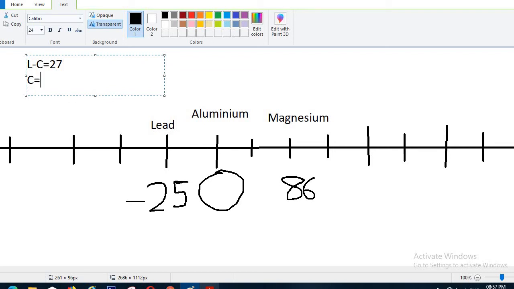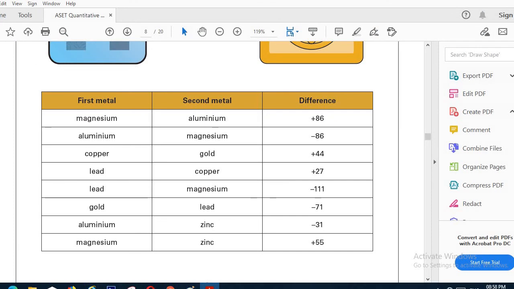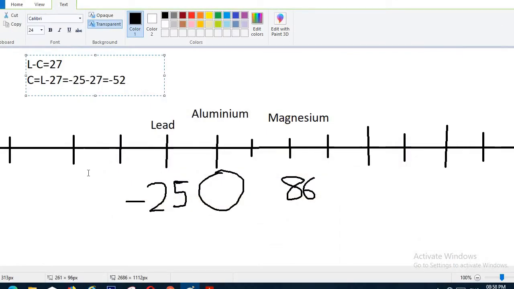lead minus 27. So lead is minus 25, and minus 27, so that will be equal to minus 52. Let's suppose you are writing it here.